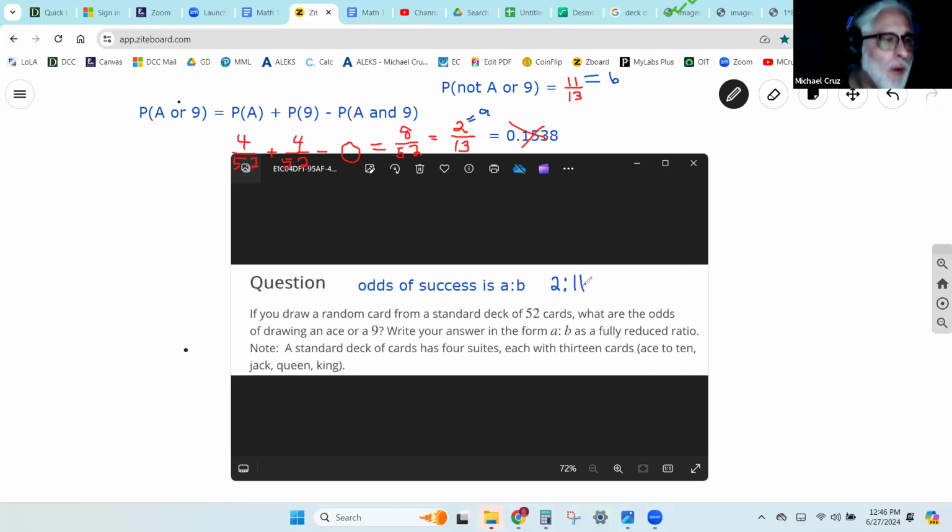I thought you had 2.11, so that's why I was confused. That's why it threw me off. Yeah. So it's 2 to 11. That's the odds. And if it said odds against, it's 11 to 2. So they're just mirror images. Okay, thanks.